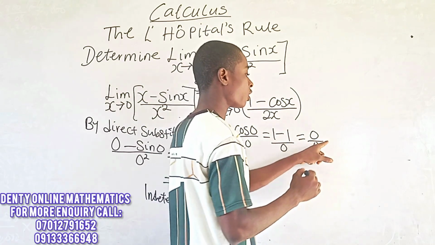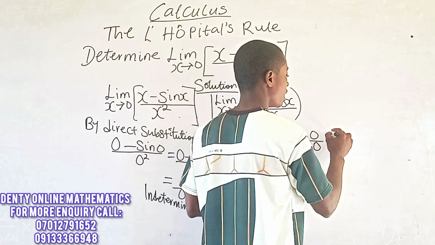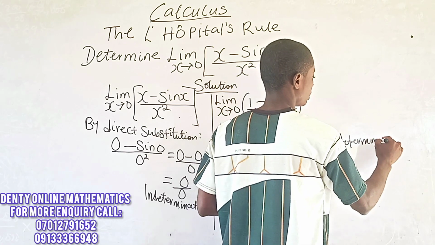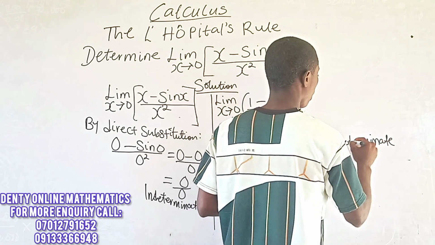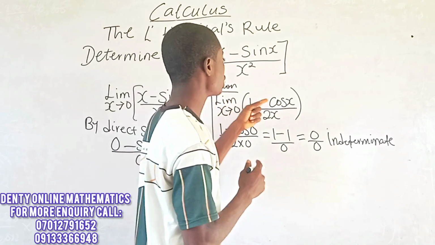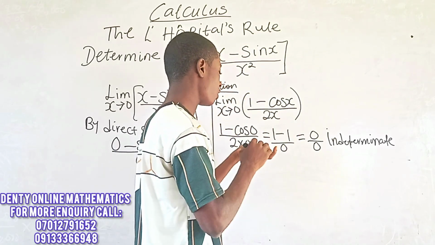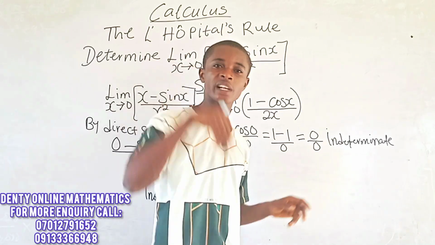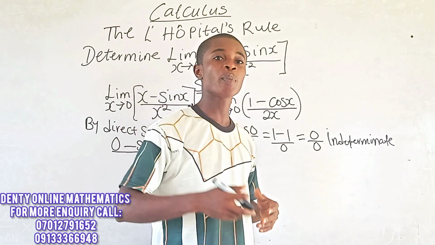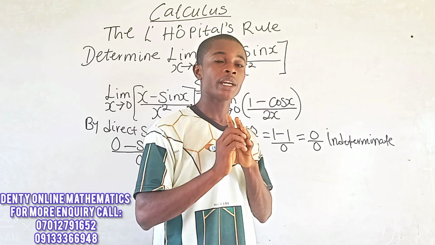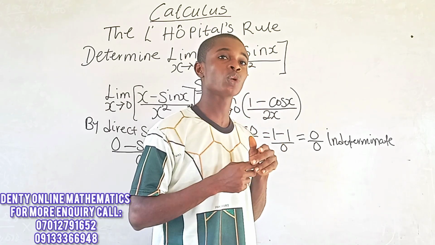Which means that our answer here is still indeterminate, or still undefined. And when you differentiate the numerator and the denominator and you substitute what x tends to into the function and it's still indeterminate, you're still asked to differentiate again. You keep on differentiating that function until, when you substitute, you get a real number that is not undefined.